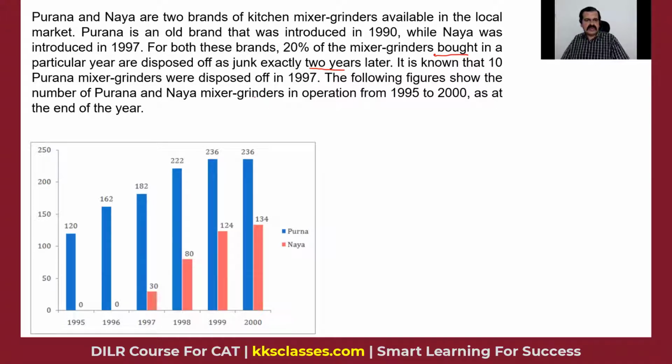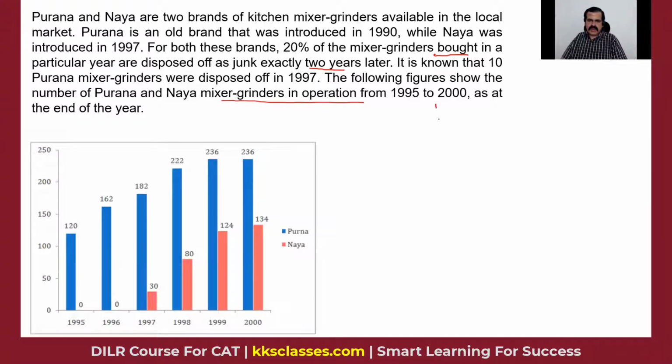The following figures give the number of Purana and Naya mixer grinders in operation from 1995 to 2000. So let us put down these figures in the form of a table.